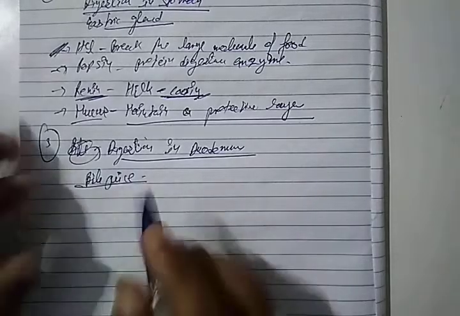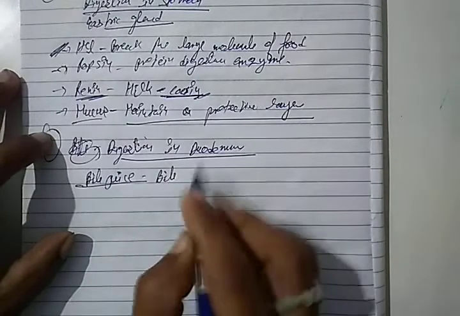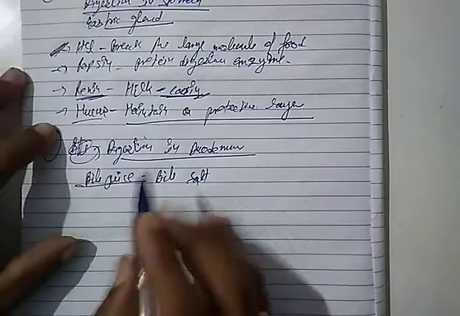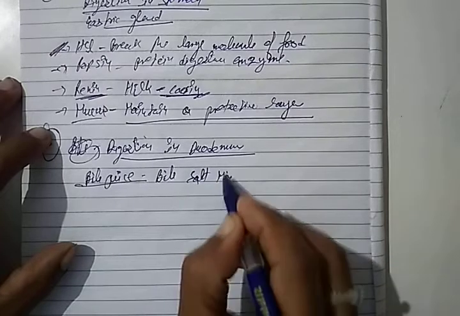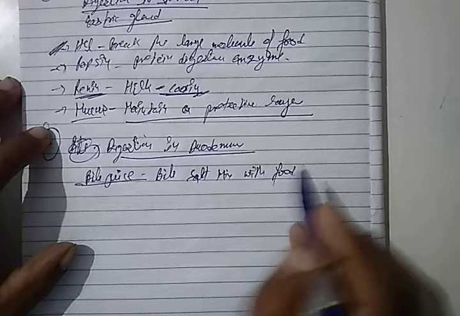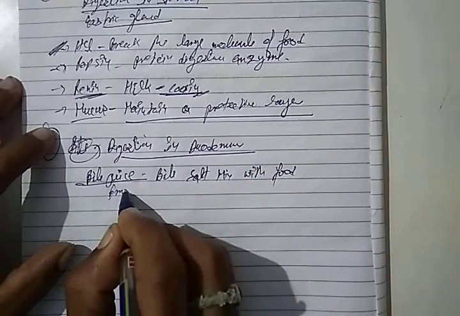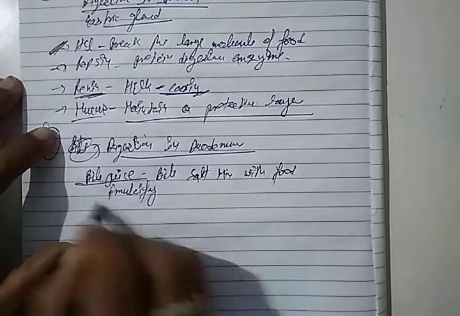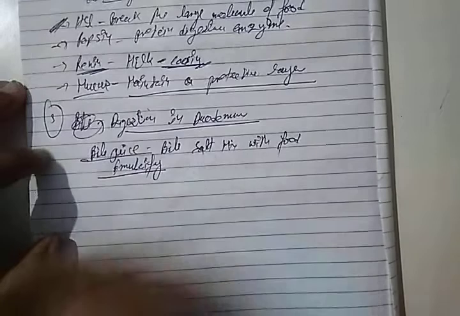In the duodenum, bile salt mixes with food and emulsifies the food, which is easily absorbed by the small intestine.